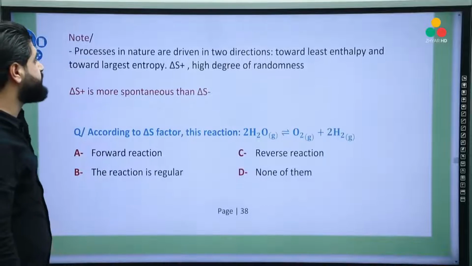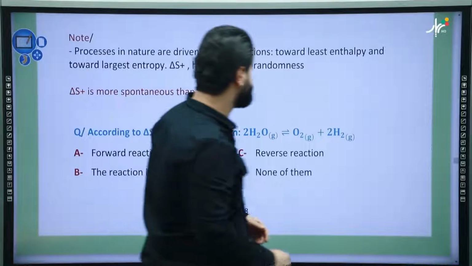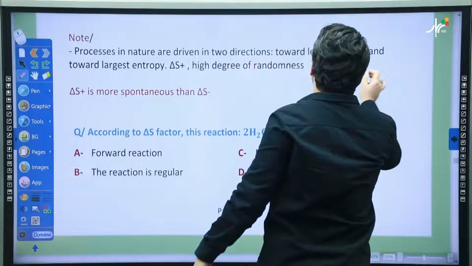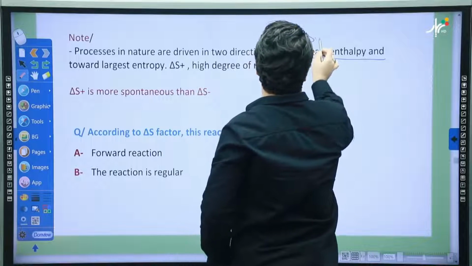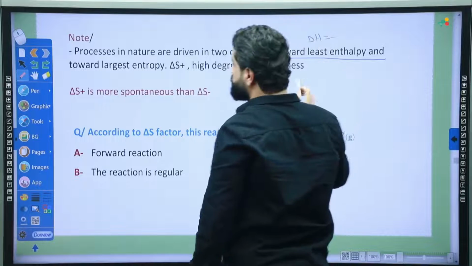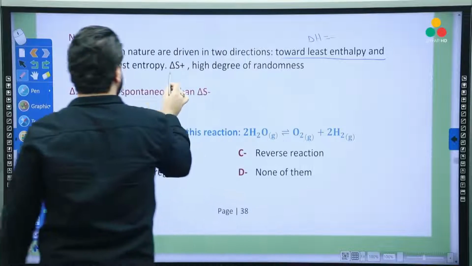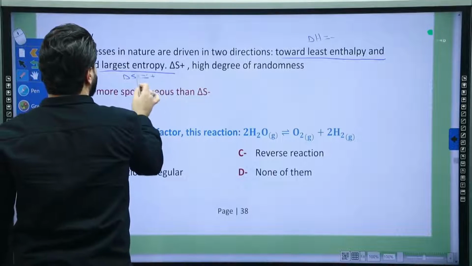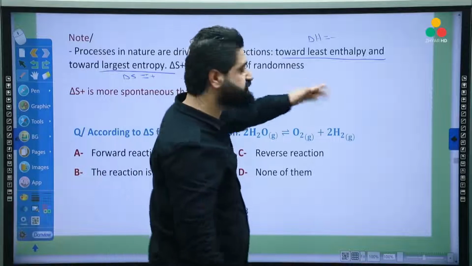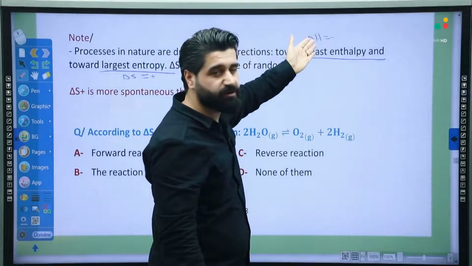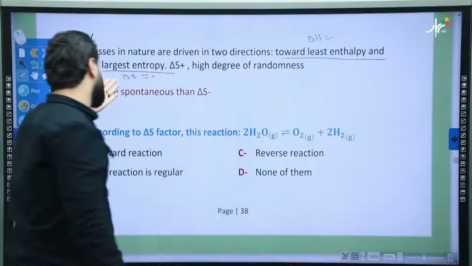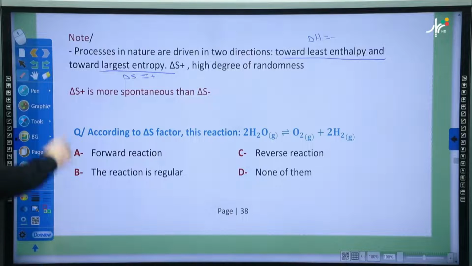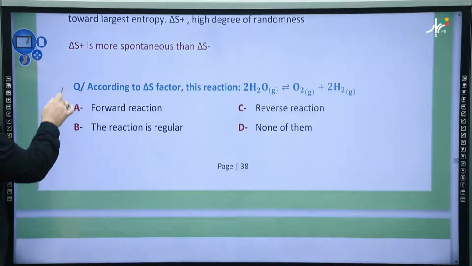Processes in nature are driven in two directions: toward least enthalpy, meaning delta H negative, as I told you, and largest entropy, delta S positive. So if we have a reaction, it will be spontaneous according to a negative value of delta H, and spontaneous according to a positive value of delta S. Look, we have this question.